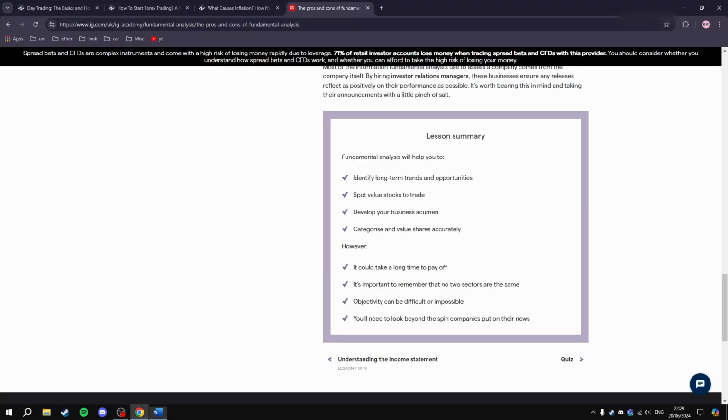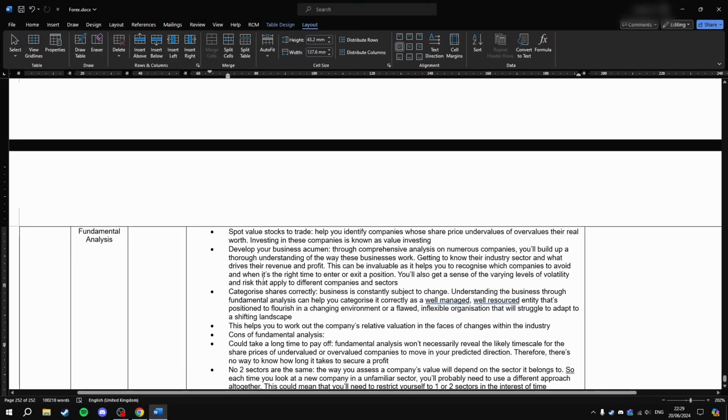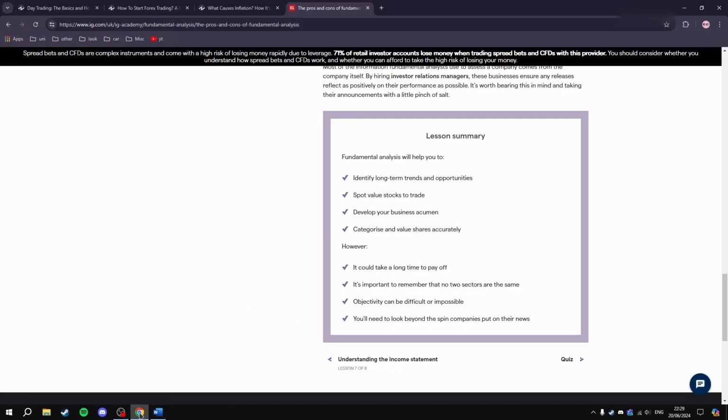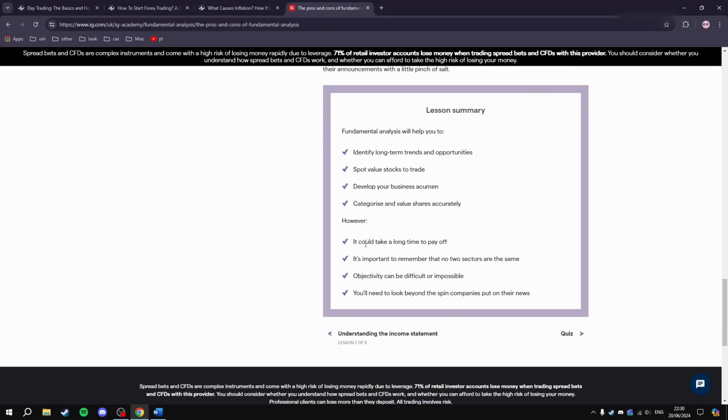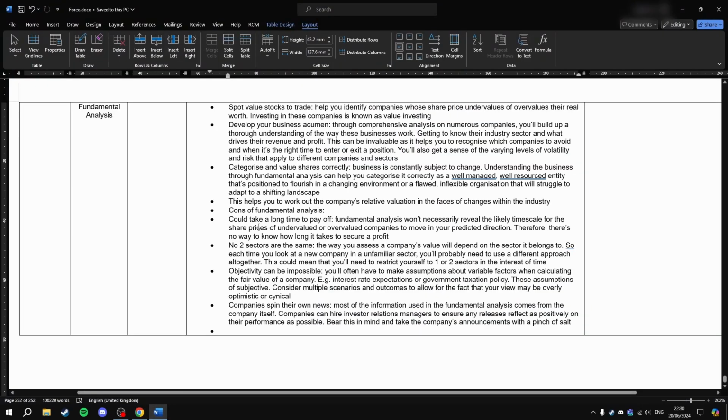It helps you categorize and value shares correctly. However, it could take a long time to pay off.